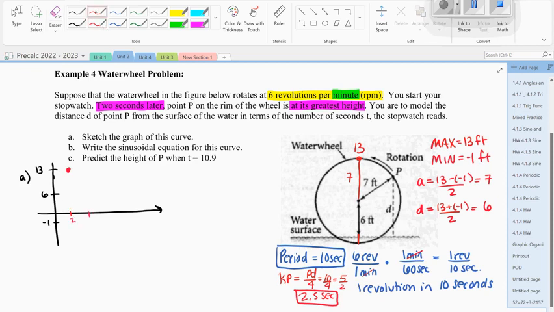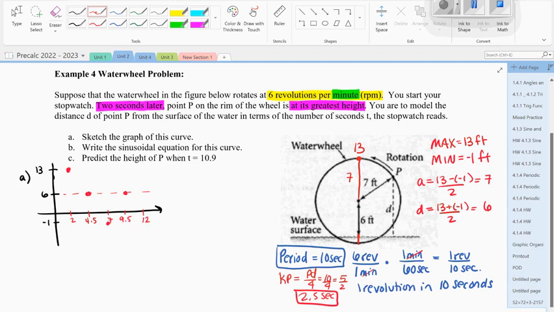then the next one would be 2 plus 2.5, which is 4.5 seconds. So then we would be at the midline, which would be right here. Then the next key point, add another 2.5 to 4.5, and we get 7. So at 7 seconds, we're at the minimum. Add another 2.5 seconds to that, we get 9.5, which is at the midline. And add another 2.5 seconds to that, and we get 12.